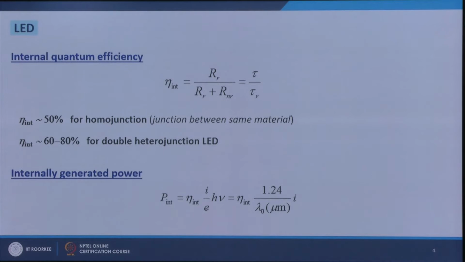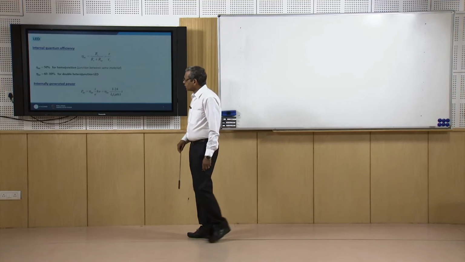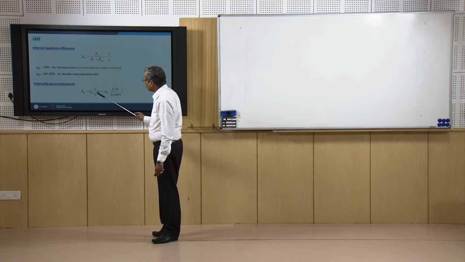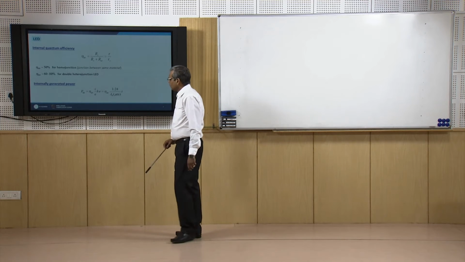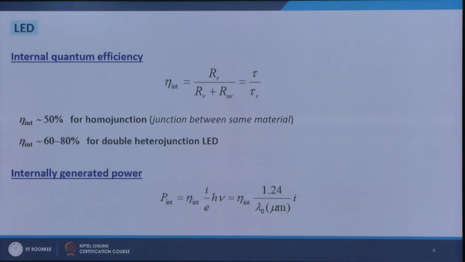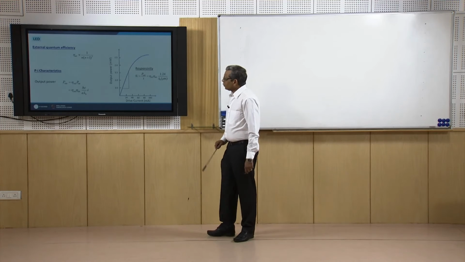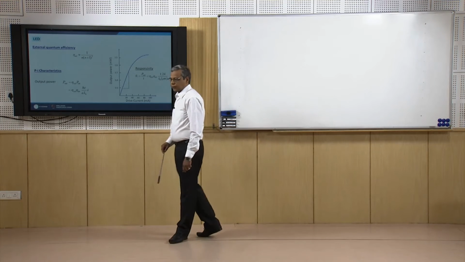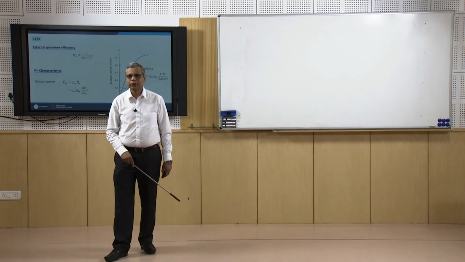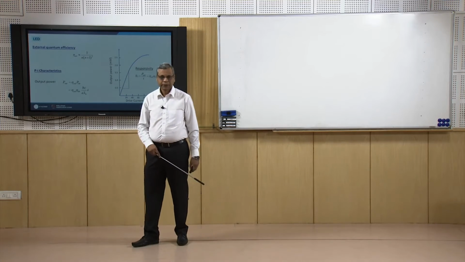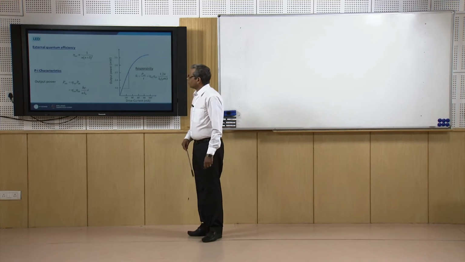The power generated inside the device is given by eta internal times I over e times h nu, which can be represented as eta internal times 1.24 over lambda naught, where lambda naught is in micrometers, times I. So, this is the internally generated power, but not all of it comes out of the device, primarily because of the index contrast between the semiconductor material and the outside medium, which is air.